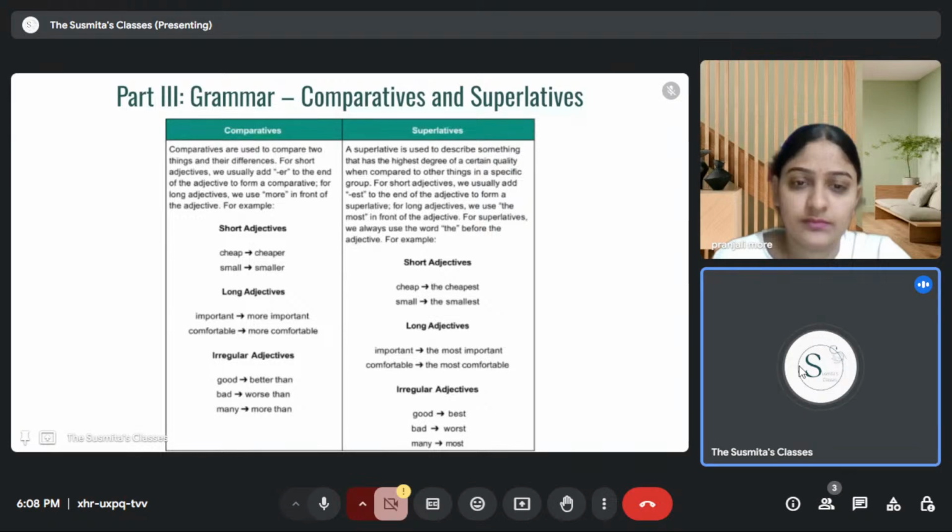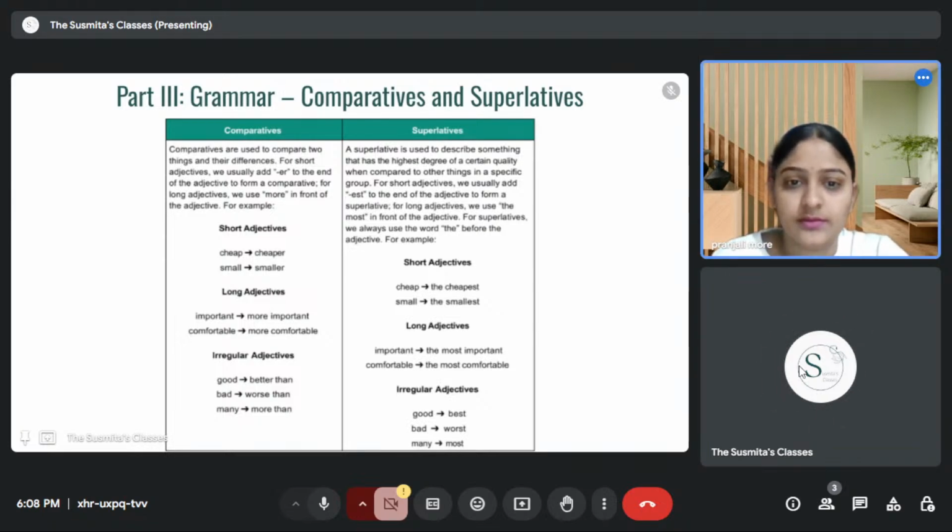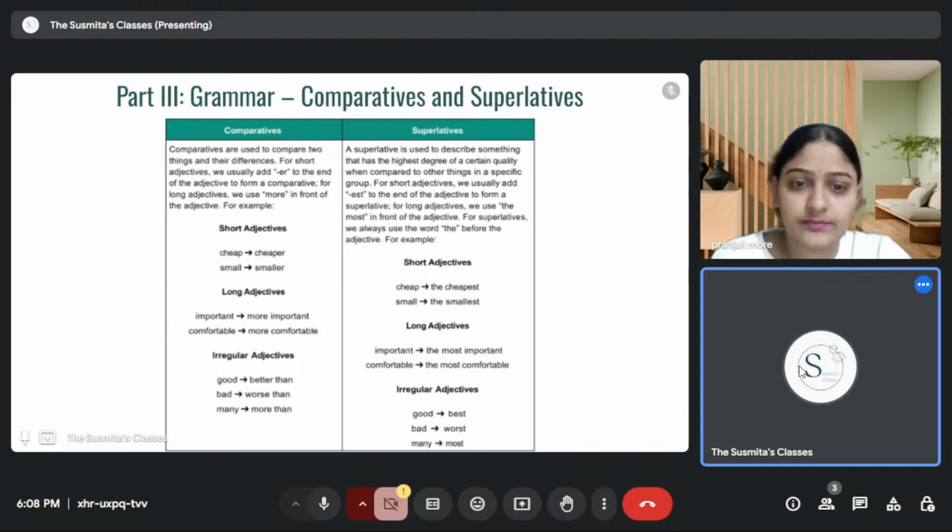And with that, we will use the article the. So I will say this phone is cheap. I'm only talking about one phone. This phone is cheaper than the other one. And if I'm talking about all the phones in the market, then I will say this is the cheapest phone. So, among all the phones, that's what I'm talking about. That's what we have to remember.